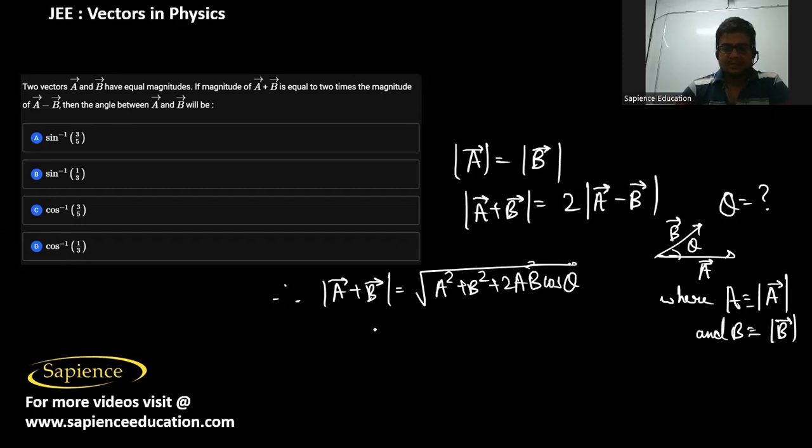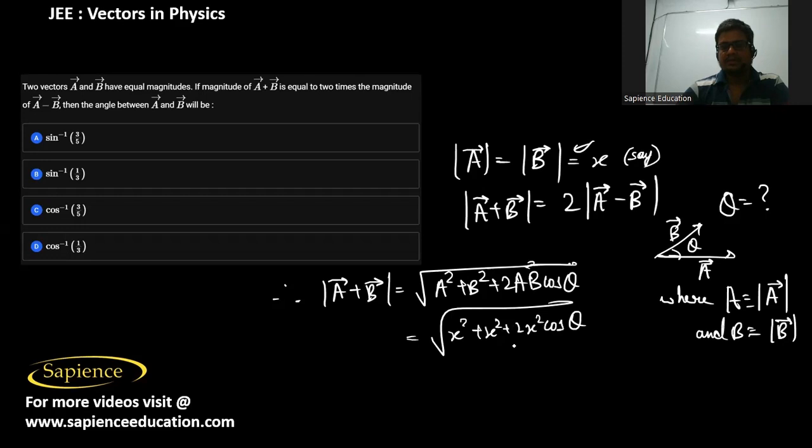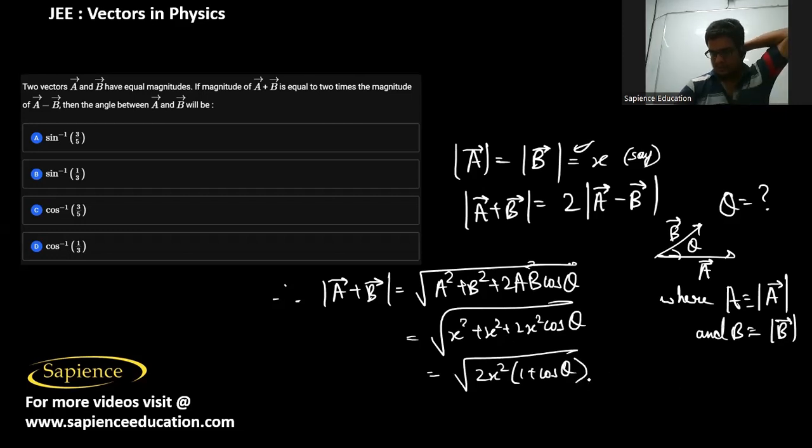Their magnitudes are the same, so let's say their magnitude is x. So this will be x square plus 2x square cos theta. So this will be equal to square root of 2x square into 1 plus cos theta.